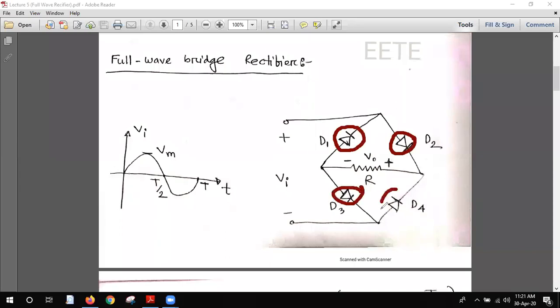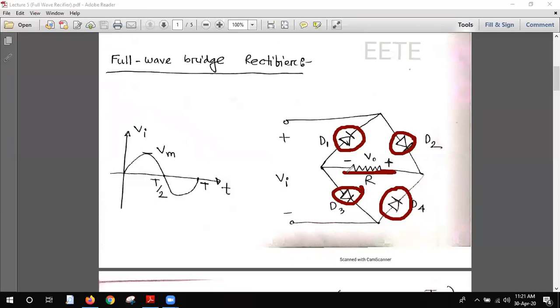There are 4 diodes, and in between there is a load resistance. So this is the full wave bridge rectifier. This is the bridge rectifier circuit, also known as the Wheatstone bridge.